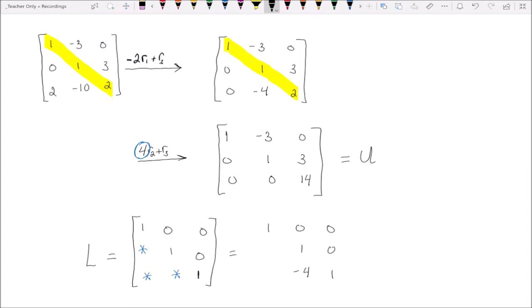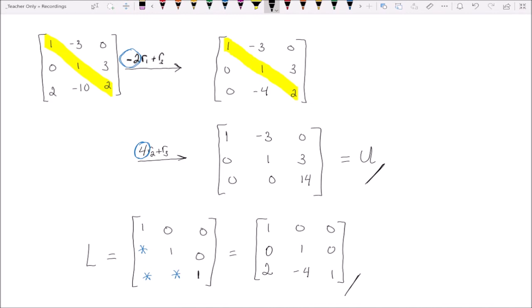To zero out that 1, 3 entry, we used -2. So the 1, 3 entry in our L will be +2. And there was nothing to zero out in the 2, 1 entry, so that is a 0. Here's our matrix U, here's our matrix L.